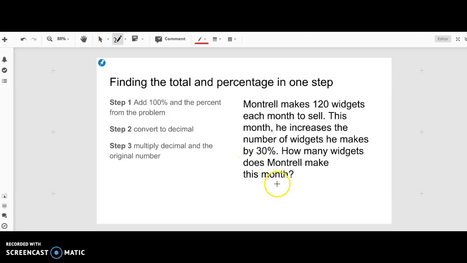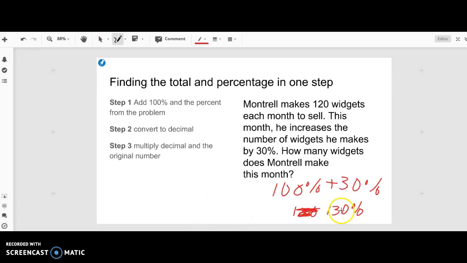So he starts with the 100% of his widgets, which is 120, and he adds 30% on top of that. So he's making, my mistake, 130% of what he normally makes.